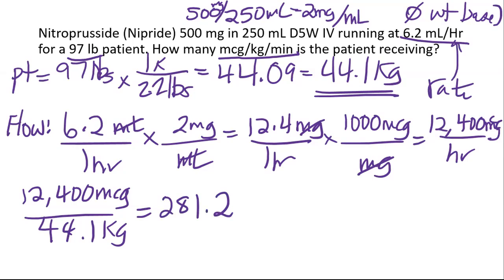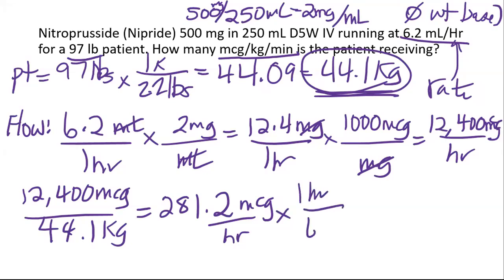This is micrograms, and it's going to be per hour. We've already taken into consideration how much the patient weighs. Okay, this is the weight. Micrograms per kilogram, and now we need minutes. So we're going to do 1 hour divided by 60 minutes.